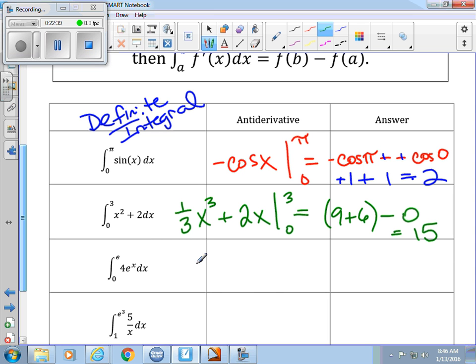Yes. To get exact area with Riemann sums, you'd have to do lots and lots of rectangles, lots of right rectangles.